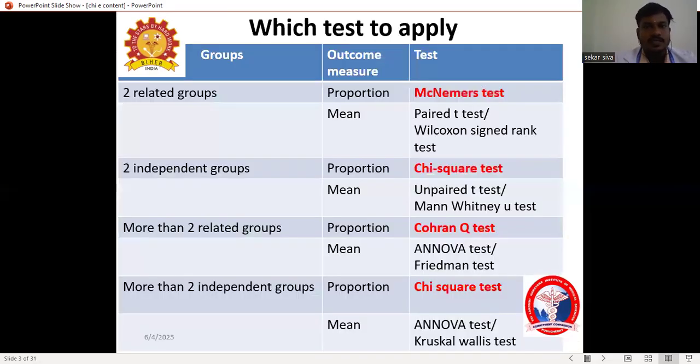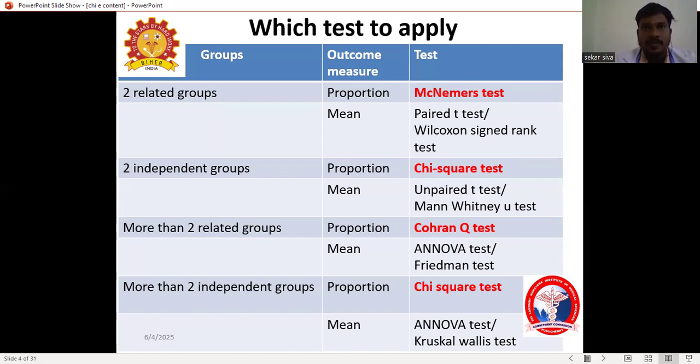Okay, next. Which test to be applied? It's based on the outcome measure. If it is two related groups and the outcome measure is proportion, we can use McNemar test. For example, you want to know the depression among the candidates in winter and summer.